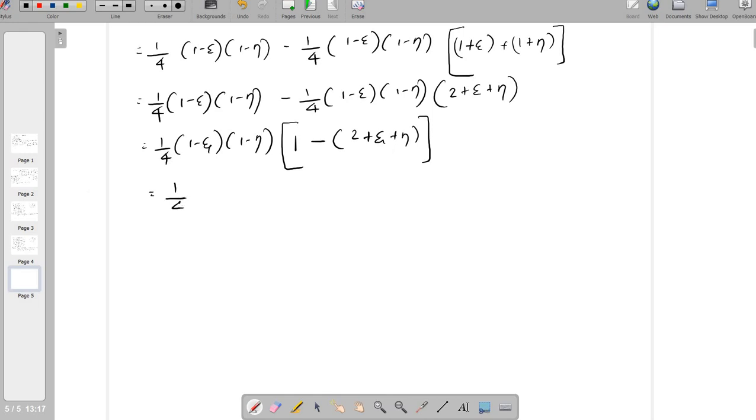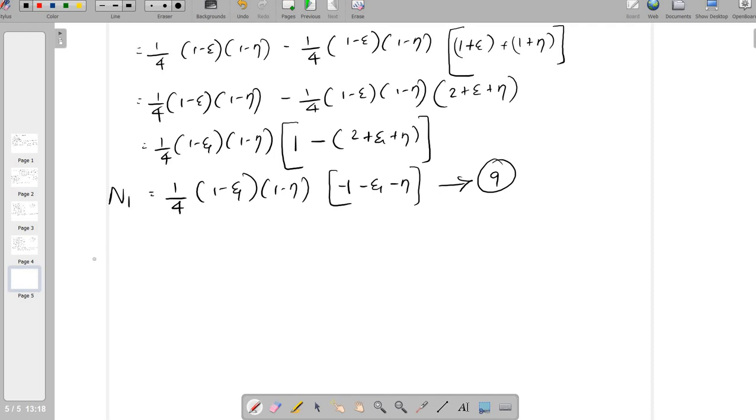So finally we get N1 equal to 1 by 4, 1 minus epsilon, 1 minus eta, 1 minus 2, and 1 minus 2 is minus 1, minus epsilon minus eta. So this is the shape function. It is equation 9, the actual shape function for 8 noded elements.